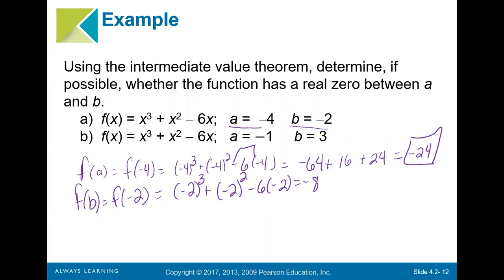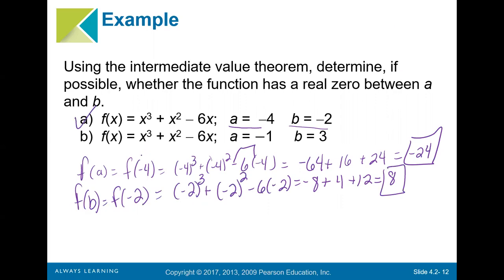Negative squared, which is an even power, is positive. 2 squared is 4. Negative times negative is positive. 2 times 6 is 12. So now what do I have? -8 plus 4 plus 12. So it would be 8, because 12 minus 4. Sorry, my apologies. So that took care of this one.